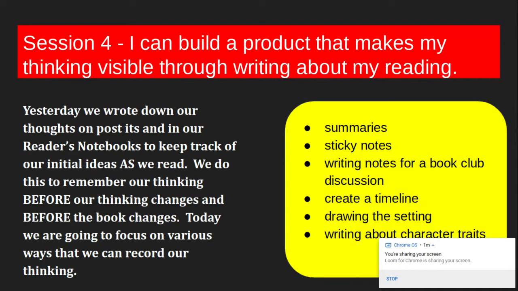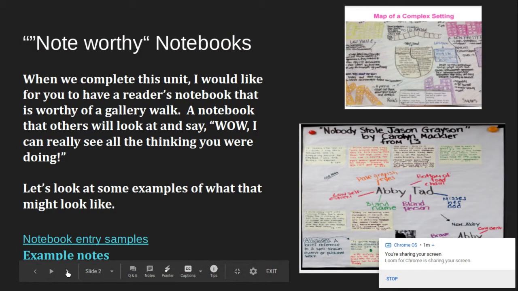We might draw a picture of how we visualize that setting on a piece of paper to help us get that in our minds. We might write about character traits. We might draw a picture of what we think our character looks like and then identify their traits based on their actions in the story and how they change throughout a story.